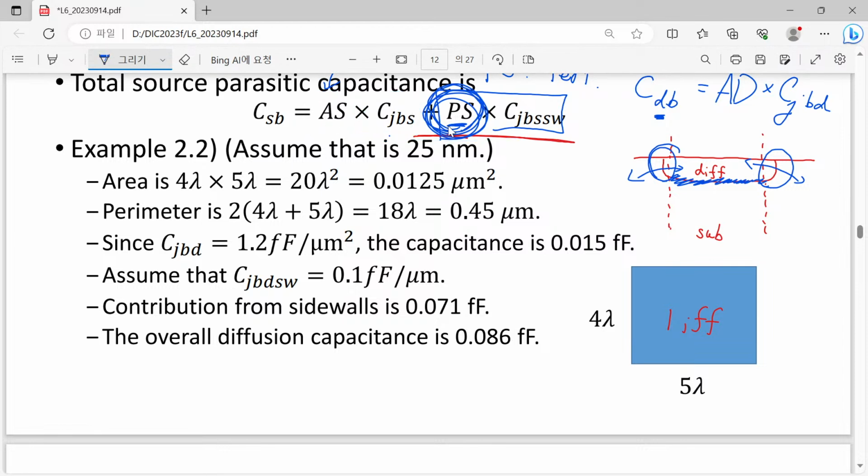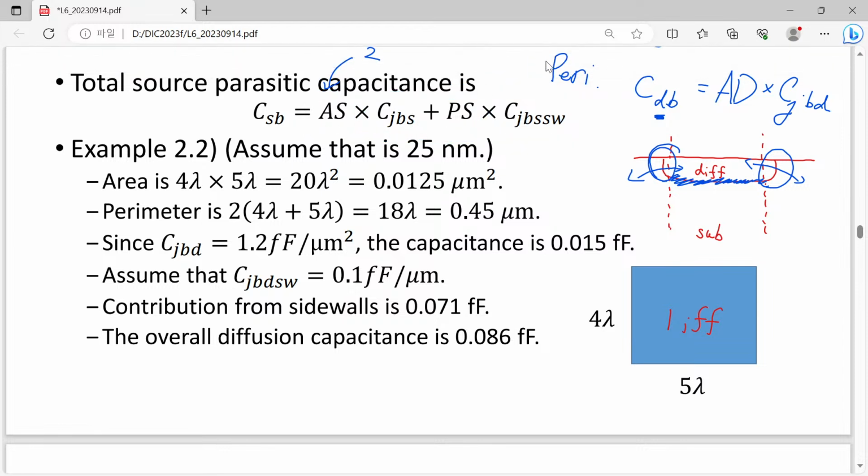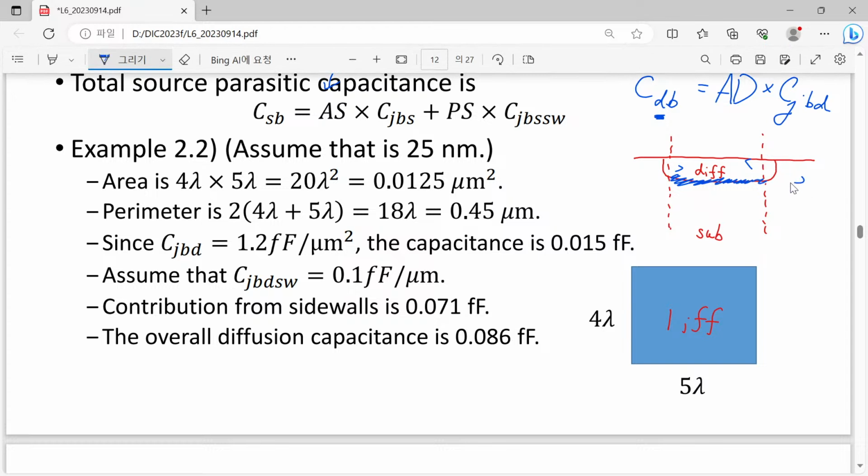So here we have example 2.2. Please do your exercise. Okay, it is a really good question. He asked me, is this phenomenon related to the depletion of a PN junction, and especially for the case of this perimeter dependent one?